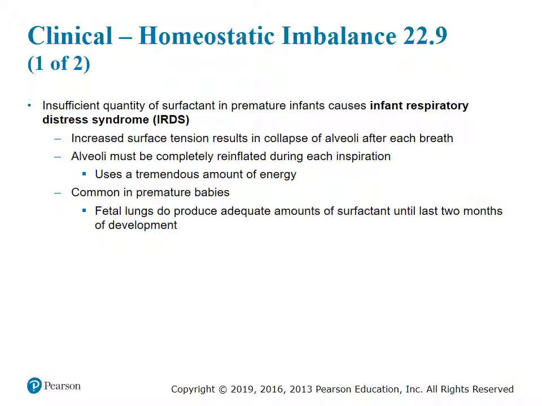All right, so we see this sometimes in premature infants where they don't produce enough of this surfactant. Those type 2 cells are not producing enough surfactant, which can lead to what we call infant distress syndrome.